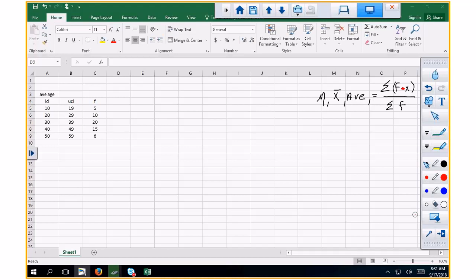They come out of algebra, and when they see that Fx, they think of F of X. And that's not a function. It's F, your head count, times what? Your midpoint.